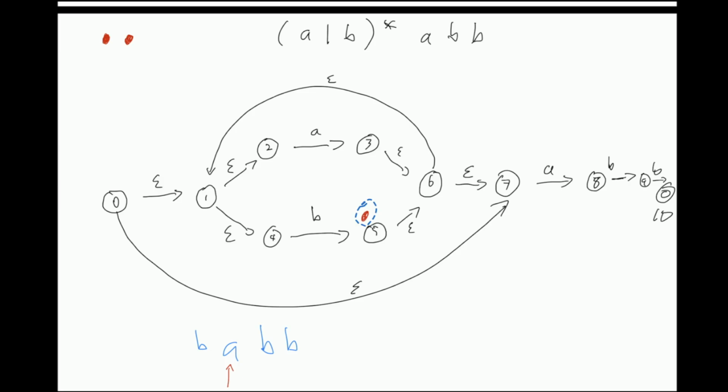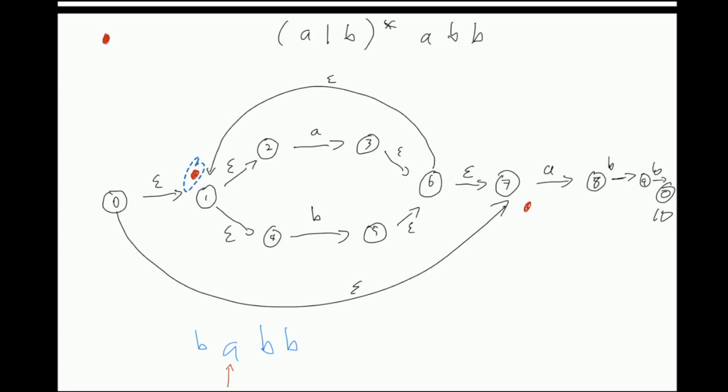Yeah, we can transition to 6. And since there are epsilon transitions from 6 to other states, we can also transition to those. So we have an epsilon transition from 6 to 1 and from 6 to 7. So we can transition to both of those states.